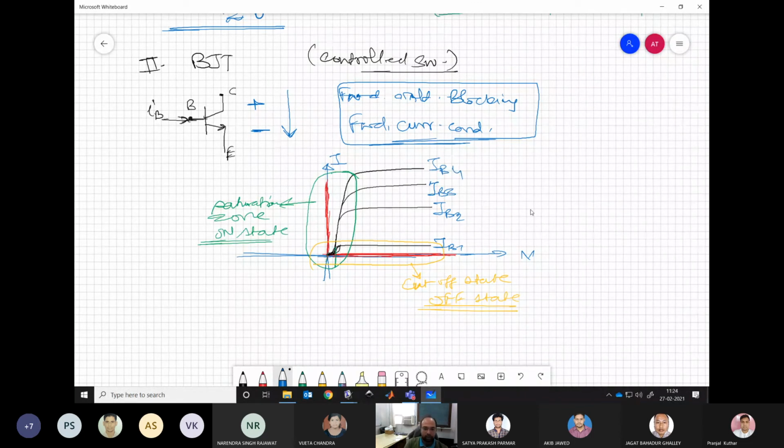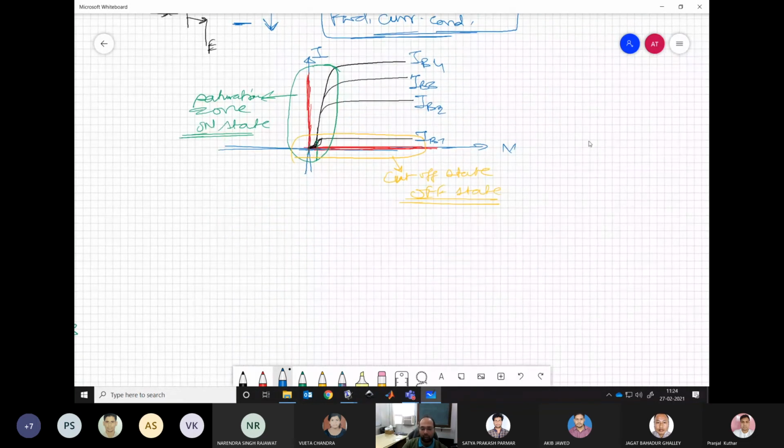Now, let's see what the equivalent circuits for this device are in different zones. So this is also a single quadrant switch. In the cutoff zone, first of all, that is easier to do.